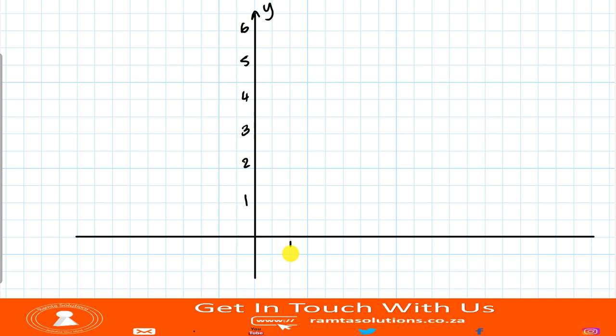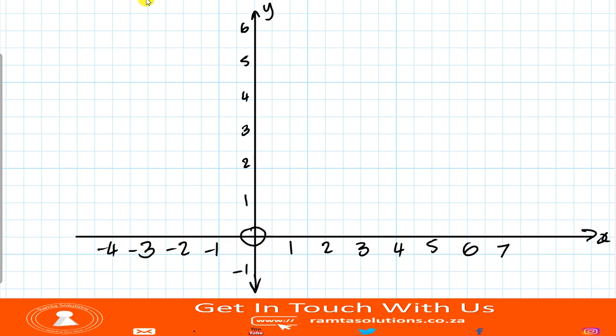So again, it will be 1, 2, 3, 4, 5, 6. I don't have a negative y value. Okay, it will be -1, of course. So this is x. So it will be 1, 2, 3, 4, negative, negative, negative, negative. This is 0.